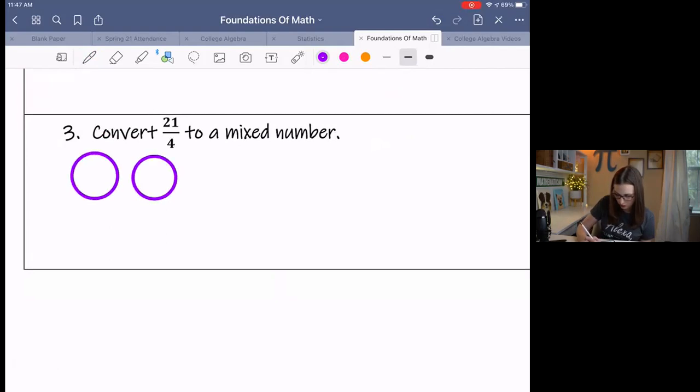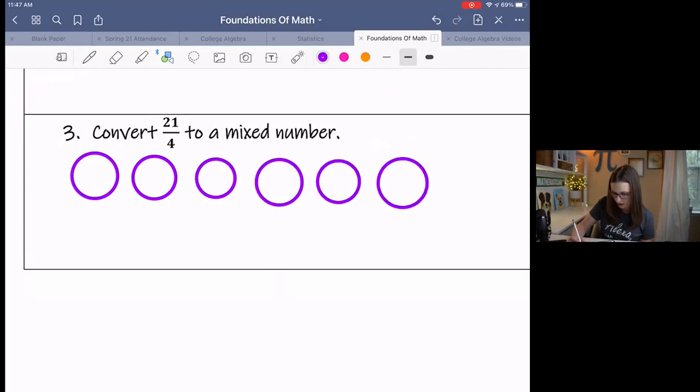1, 2, 3, 4, 5, 6. Pretend like they're the same size. This one got a little bit smaller. We could fix it. Okay. It got worse. So hopefully I fixed it.